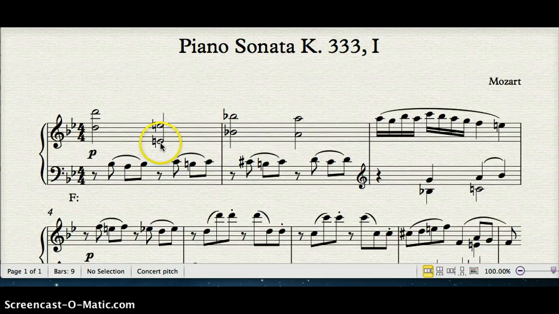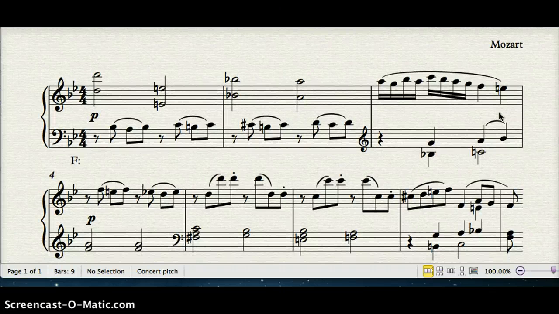If you look through this, you'll notice that the E's are all E naturals. The E naturals make that feel like F major. So if we ever were to encounter a real E flat in this piece, that would be the non-chord tone. The E naturals are part of F major, so that would be considered diatonic.